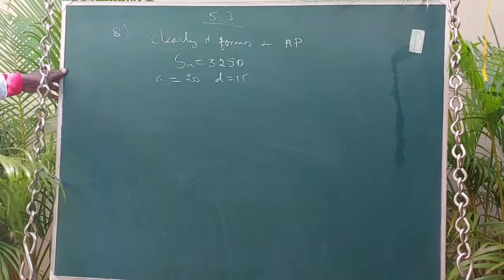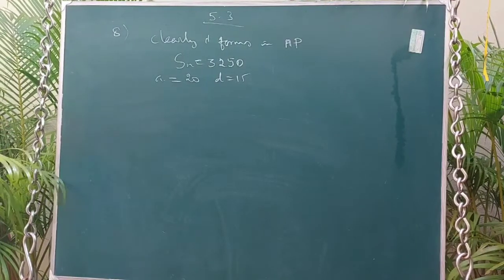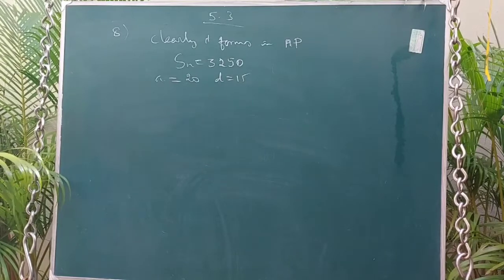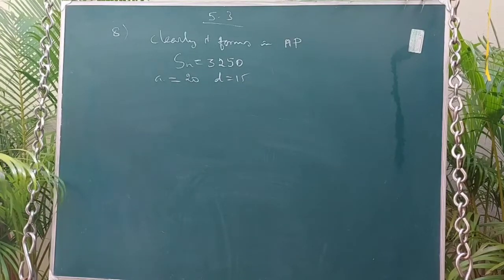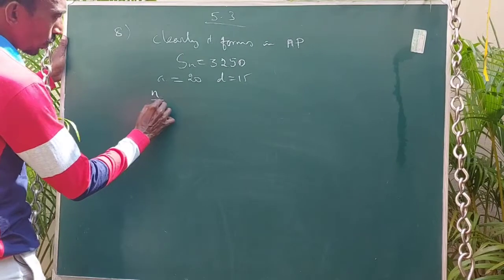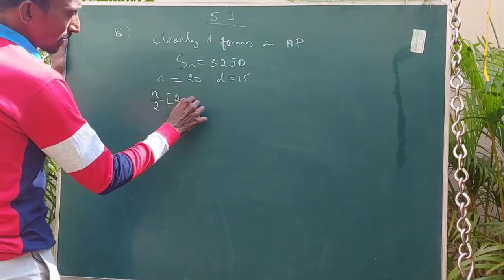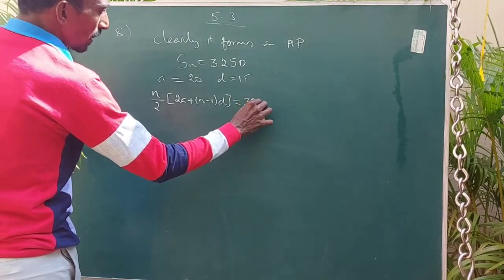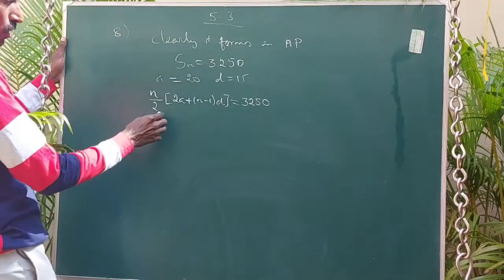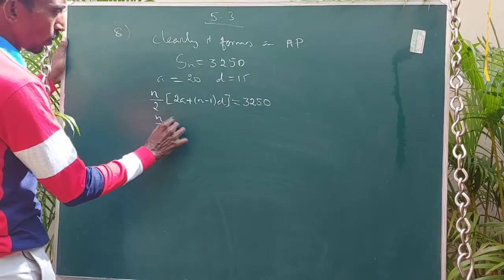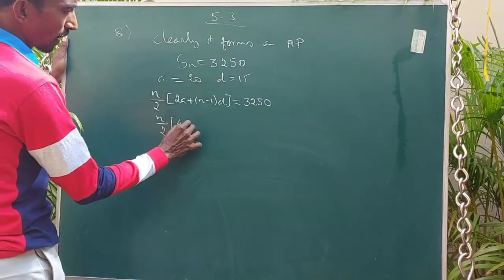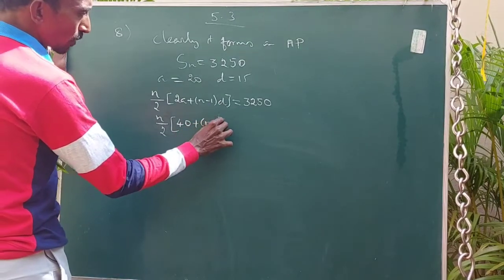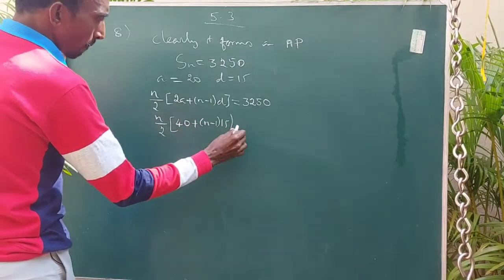We know that the sum of an AP is Sn = n/2 into (2a + (n − 1)d). So n/2 (2a + (n − 1)d) = 3250.